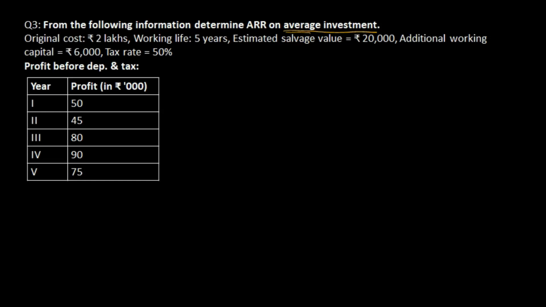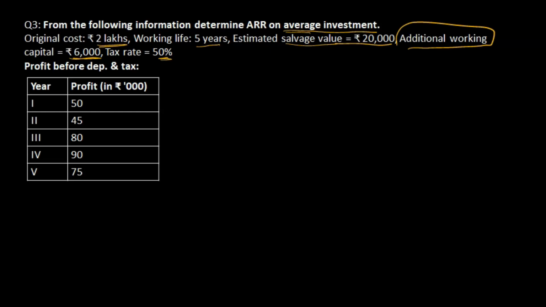Now in this question, what information is given? Original cost, that is the initial investment, is 2 lakh. Working life of this asset is 5 years. Salvage value or scrap value, both are the same, is 20,000, and additional working capital, remember this, is 6,000.